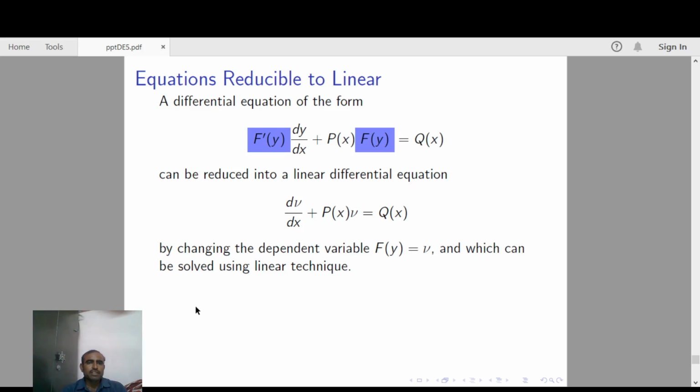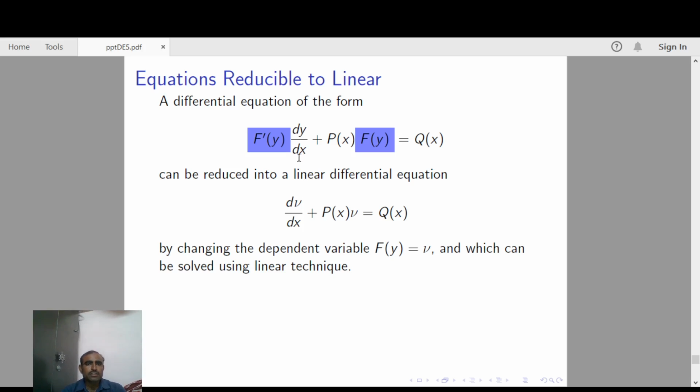Now, some equations which can be reducible to linear. A differential equation of the form f'(y) dy/dx + p(x) f(y) = q(x) can be reduced into a linear differential equation dv/dx + p(x) v = q(x) by changing the dependent variable f(y) = v, and which can be solved using the linear technique.